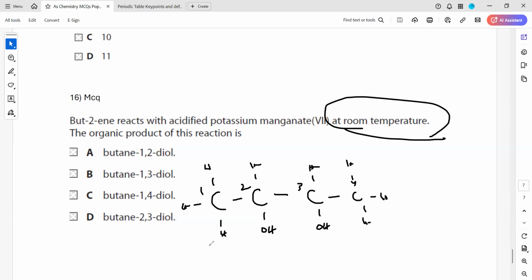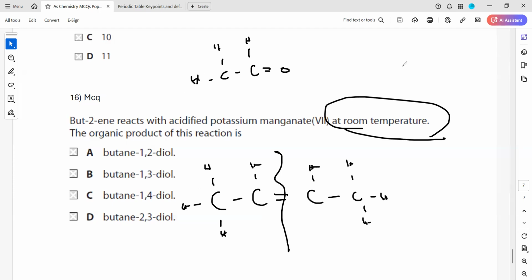But what if it was hot concentrated potassium manganate(VII)? Then this double bond will break and oxygen will be attached; oxidation happens, and it will turn into ethanoic acid. As the double bond breaks, oxygen is attached if it is hot and concentrated.